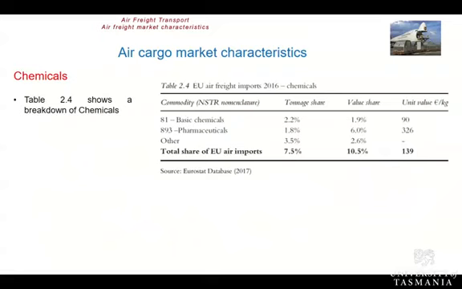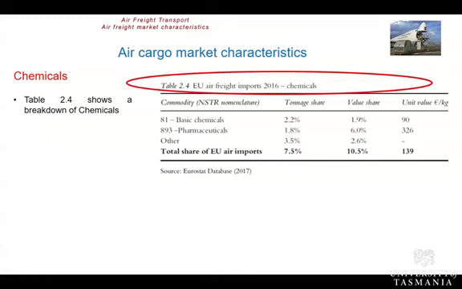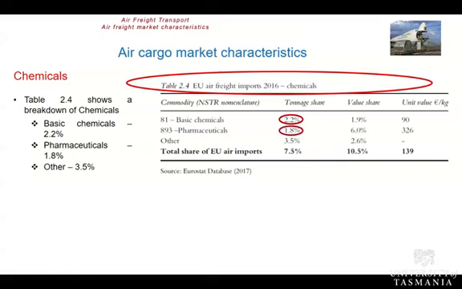The next category I want to have a look at is chemicals. Chemicals is a significant category in its own right. Basic chemicals around about 2%, pharmaceuticals 1.8%, and a range of other chemicals. So 7.5% is a significant category in its own right.